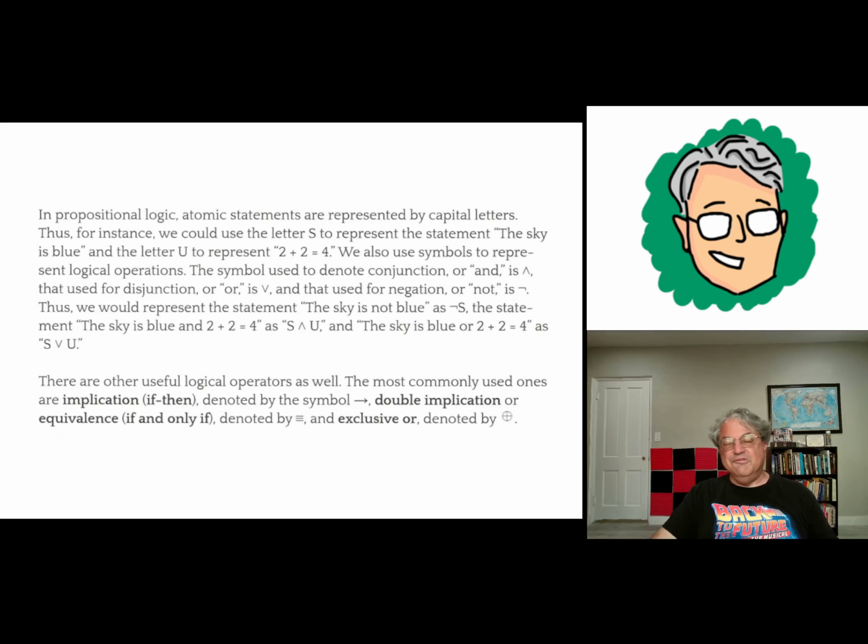I don't really like NAND. I guess a lot of computer scientists do. There's also NOR, which is not or. That also turns out to be logically complete. But anyway, I'm kind of jumping the gun here. I'm going to go into this in much more detail in future lessons.